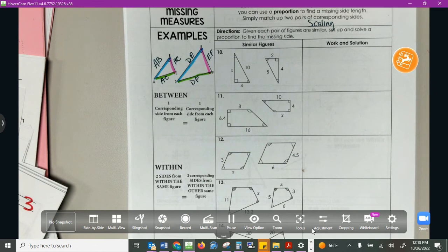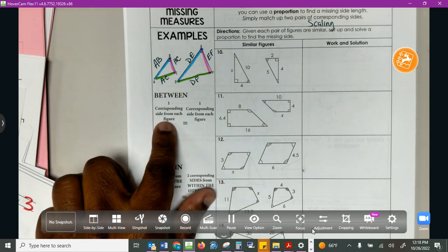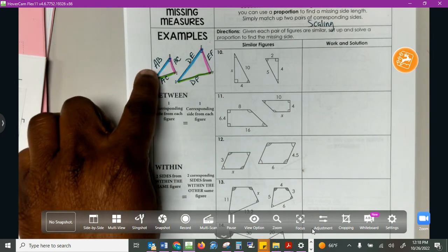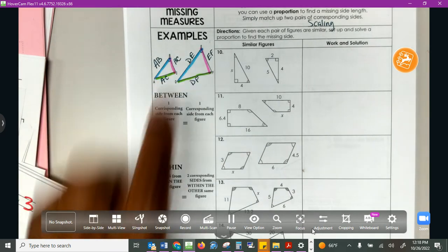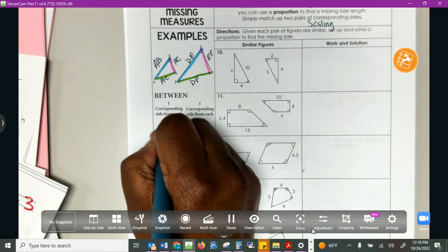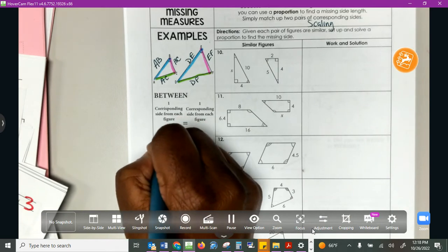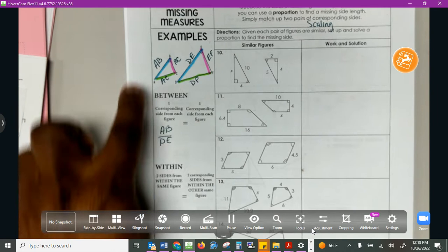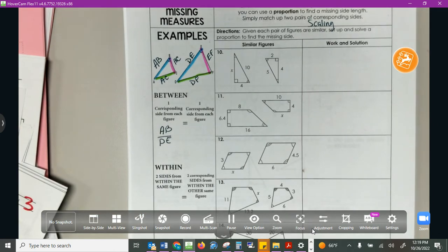So now that we have gotten that done, I need one corresponding side from each figure. So these are corresponding, AB and DE. So I can say AB over DE because those are my blue corresponding.